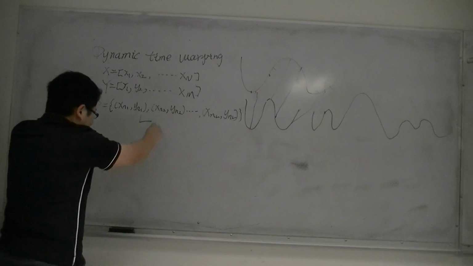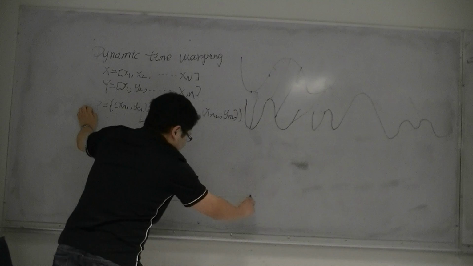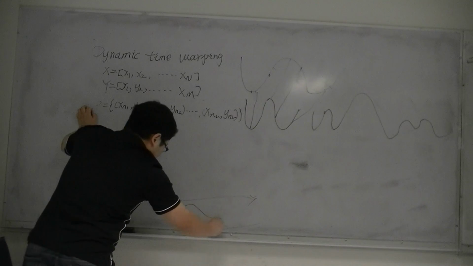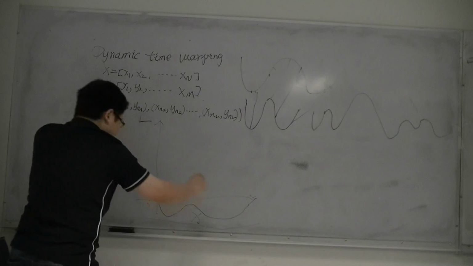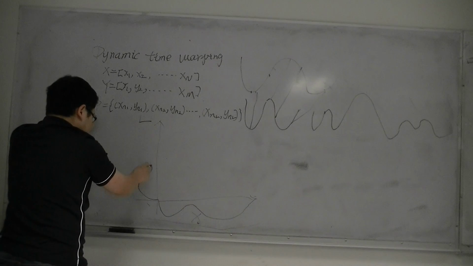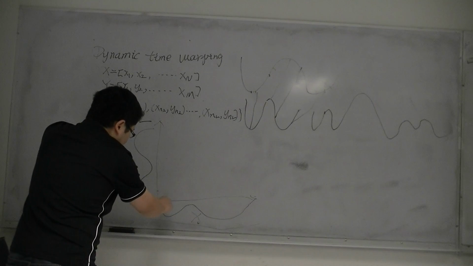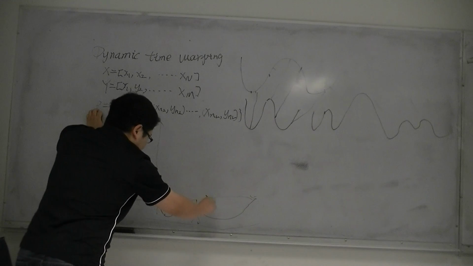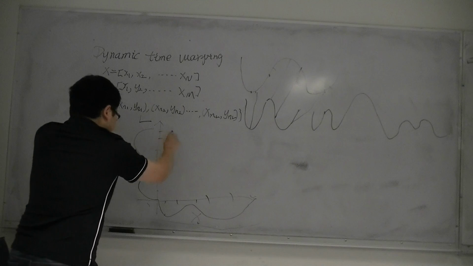The two signals we can look at in a two-dimension graph. For example, this is the X signal. This is the Y signal. This is for each sample point. For example, we can have a different sample point here, the Y point.